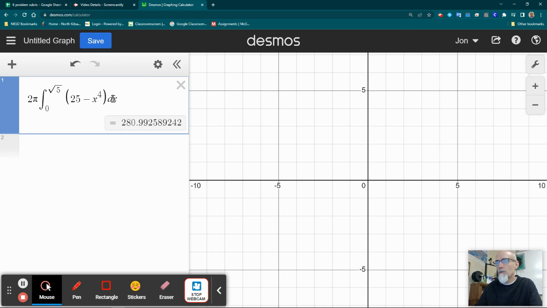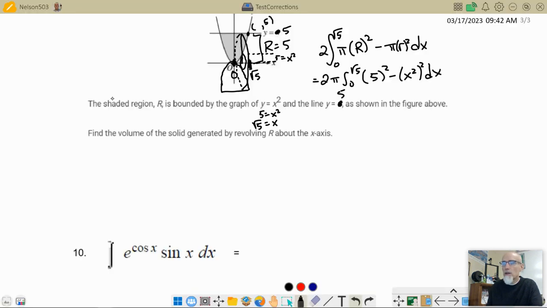Otherwise, it won't do anything for me. So 280.992, I'm going to truncate, 280.992 is my final answer. And you could put cubic units if you want because we are doing a volume.